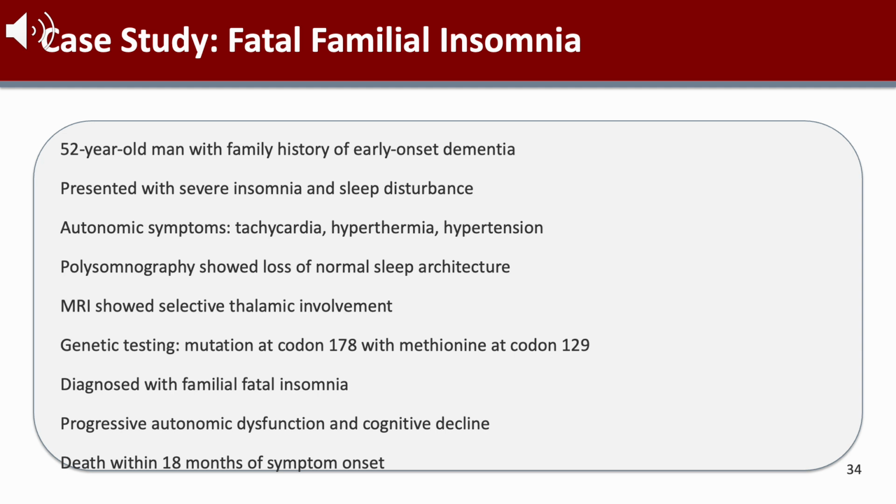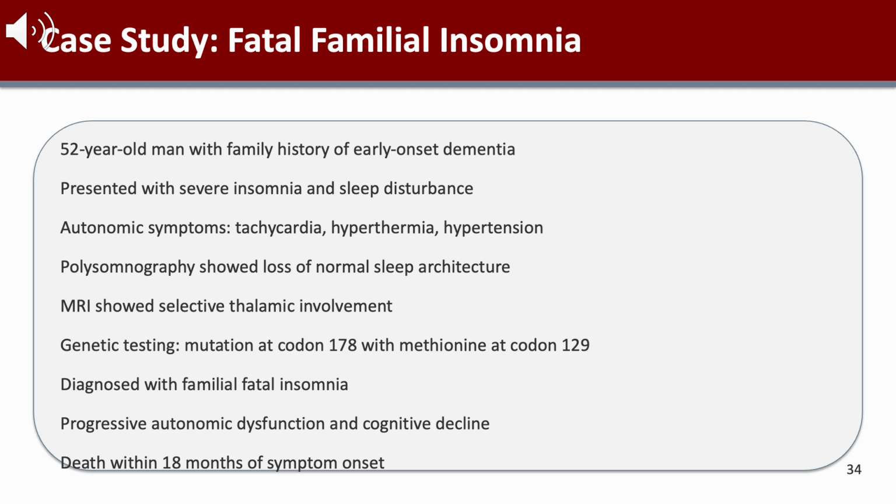This case illustrates the presentation of fatal familial insomnia. A 52-year-old man with a family history of early onset dementia presented with severe insomnia and marked sleep disturbance. He developed prominent autonomic symptoms, including tachycardia, hyperthermia, and hypertension. Polysomnography revealed loss of normal sleep architecture with markedly reduced slow wave and rapid eye movement sleep.